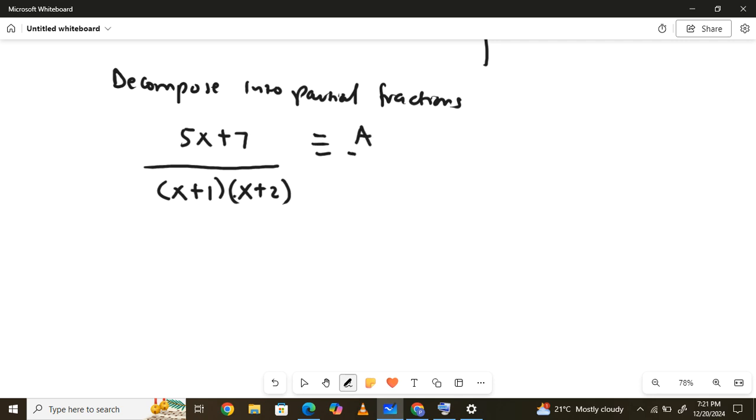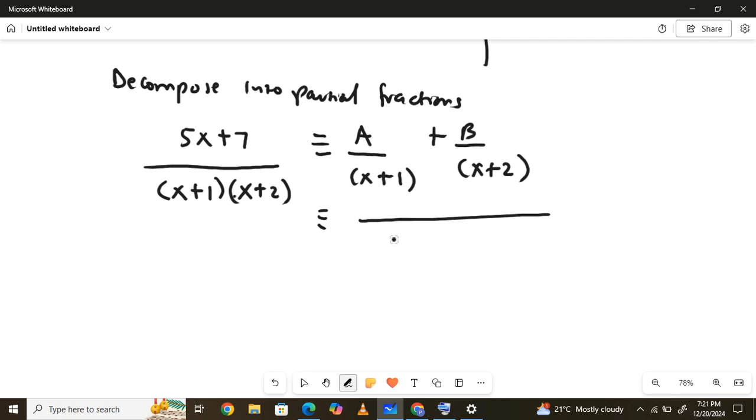We will have A over x plus 1. When we decompose, we will have two fractions, plus B over x plus 2, and the two are equivalent. That's why we're using that sign. That means we get the LCM of the denominator, which takes us back to (x plus 1)(x plus 2).